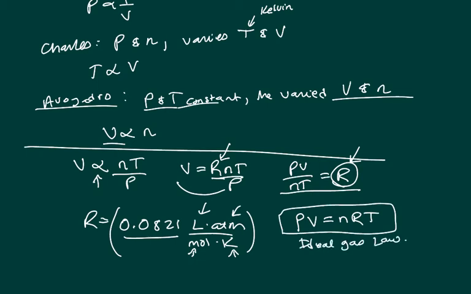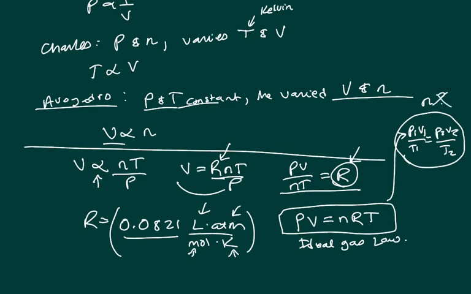Now, why is the ideal gas law different than the combined gas law? Remember, the combined gas law, P1V1 over T1 is equal to P2V2 over T2. Here, we don't have n, okay? So, in the ideal gas law, we add n to our equation. And so we're able to vary the number of moles, not just the volume, pressure, and temperature.